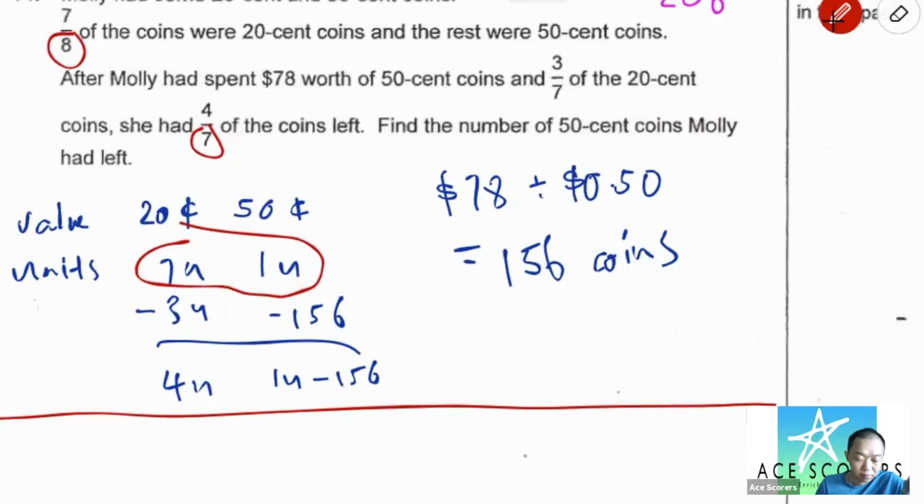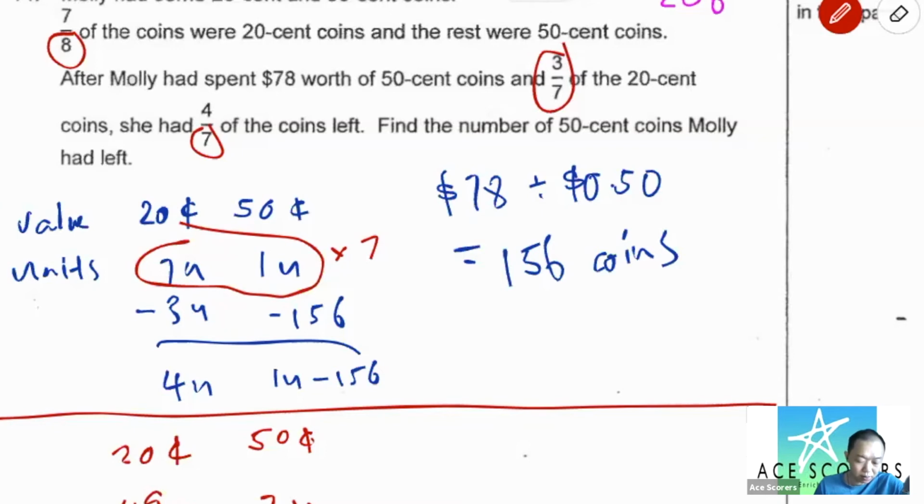Okay. So 20-cent coins, at first 7 units, but now I want to make it 56. So this whole thing times 7, so it's actually 49U, and times 7, so 50-cent coins. There were 7 units, right? So altogether 56 units. So here, minus 3 out of 7. So 3 out of 7 is 7 times 3, which is 21U.